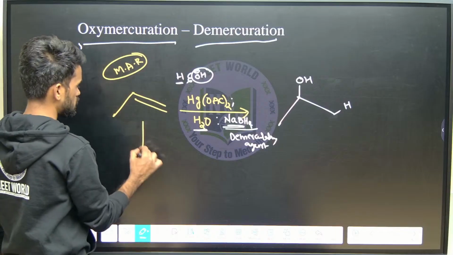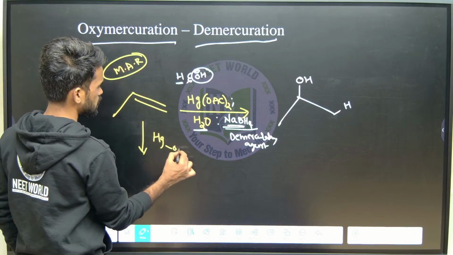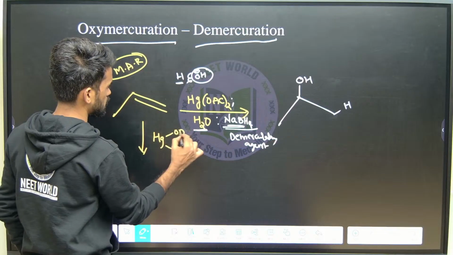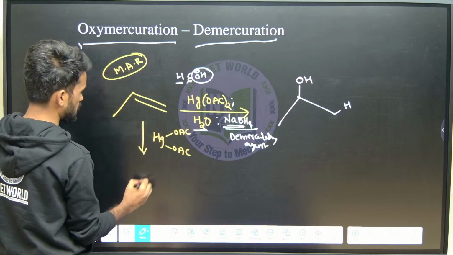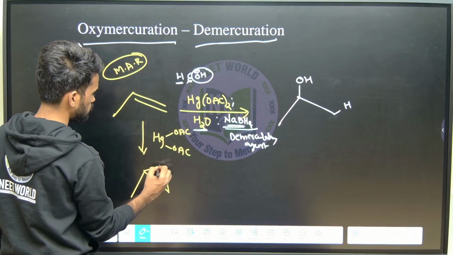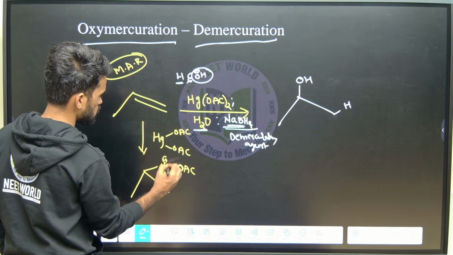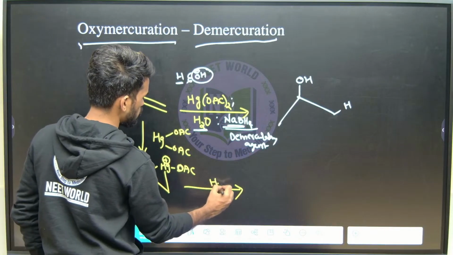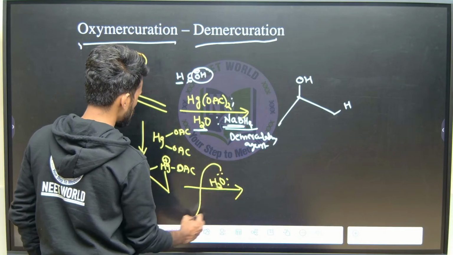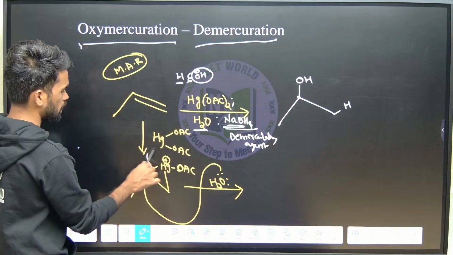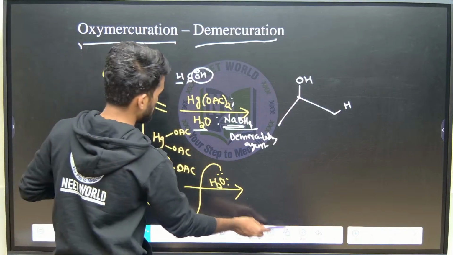Okay, so first this HgOAc, like acetate ions, will form a 3-membered cyclic ring here, HgOAc, with positive charge. To this, our water molecule will act as a nucleophile. So ring opening takes place here, because here it will be the more stable carbocation.